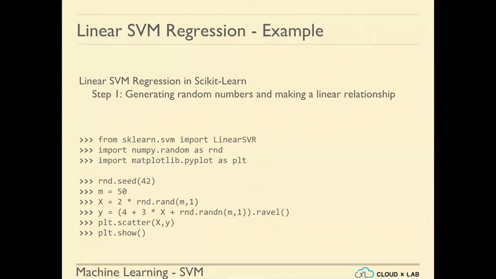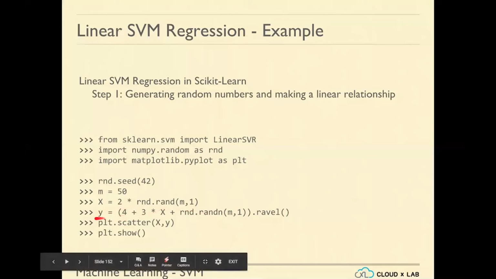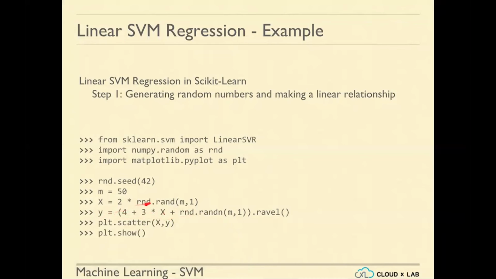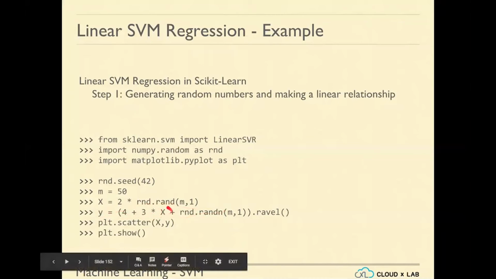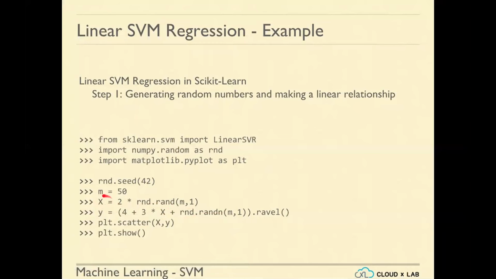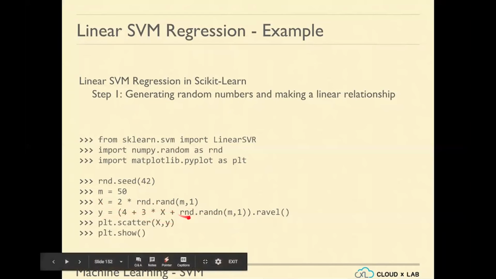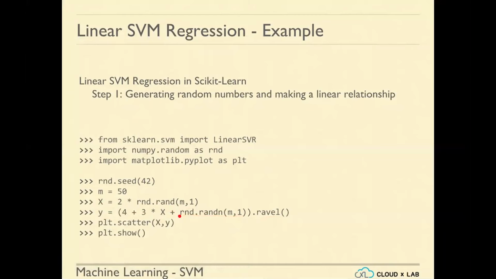Let's say we generate random numbers and make a relationship. Let's say we come up with a very simple line, y equals 4 plus 3x, and we are generating this line by adding a little bit of random noise on both sides. This is entirely randomly generated data. Here we are adding a random factor just to make it a little simpler.